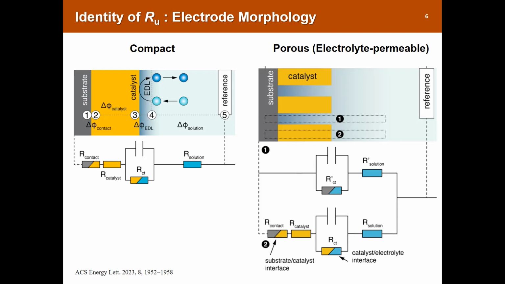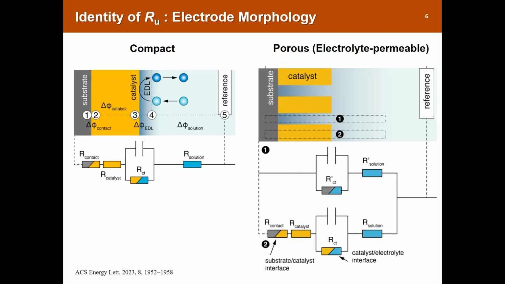Yes. So yes, but here applying the R compensation is the same. We just obtain the RU value and do the R compensation. But the actual meaning of R compensation changes depending on the morphology of the electrode. If we do the R compensation for the compact electrode, we compensate electron transfer resistance and contact resistance, everything, so we get higher activity.